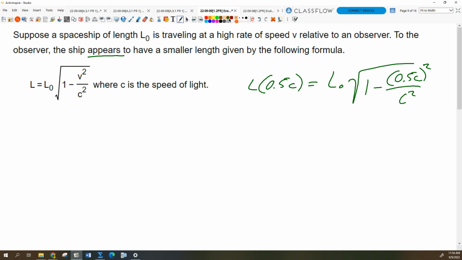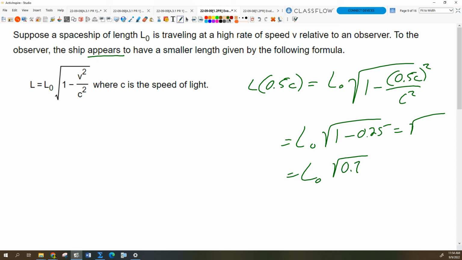So the c squareds would cancel, and I would end up with L naught times the square root of 1 minus 0.25. So it's L naught times the square root of 0.75, which is a small number, but it's bigger than 1/2.